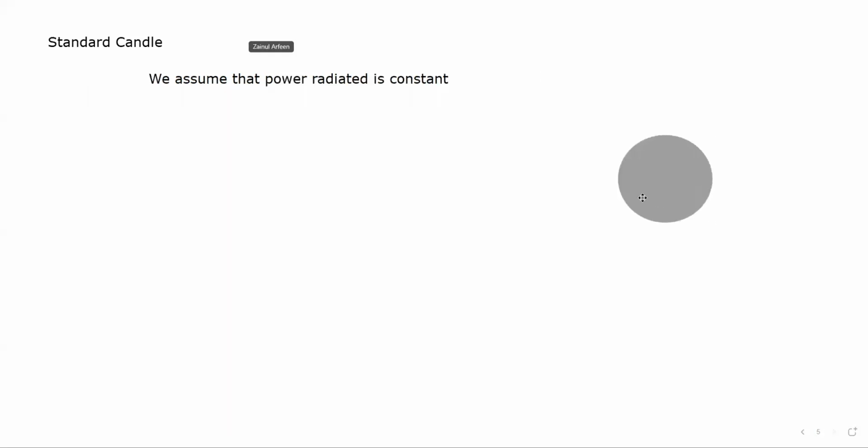For example, if this is a star and we want to find the distance between the star and the Earth, and the distance between the star and the Earth is d, and this star is emitting with a constant luminosity or power, we can use the formula that intensity is equal to power per unit area, or radiation flux is power per unit area.